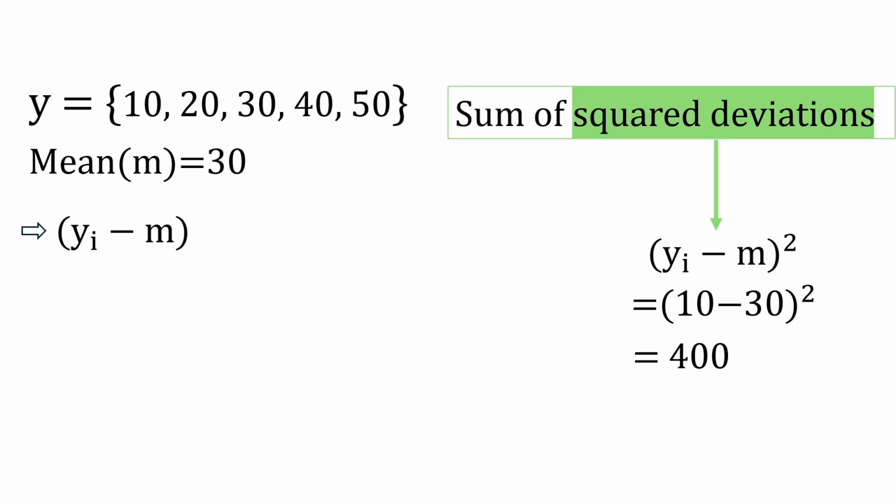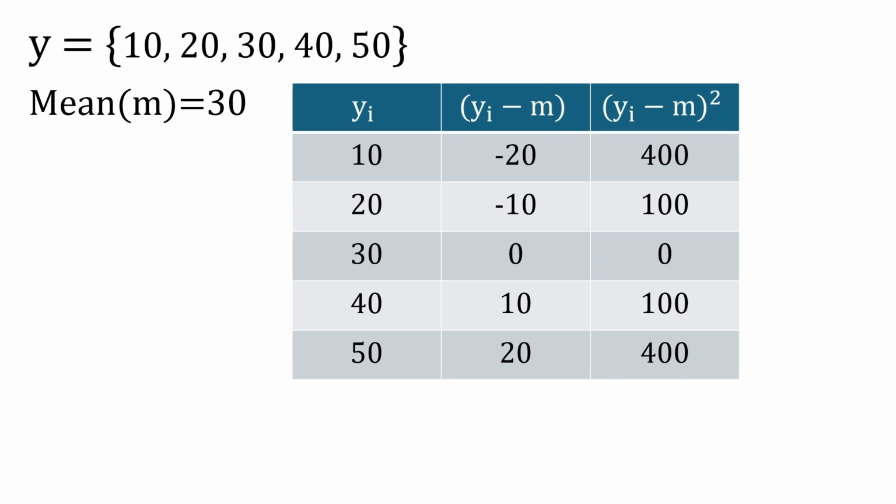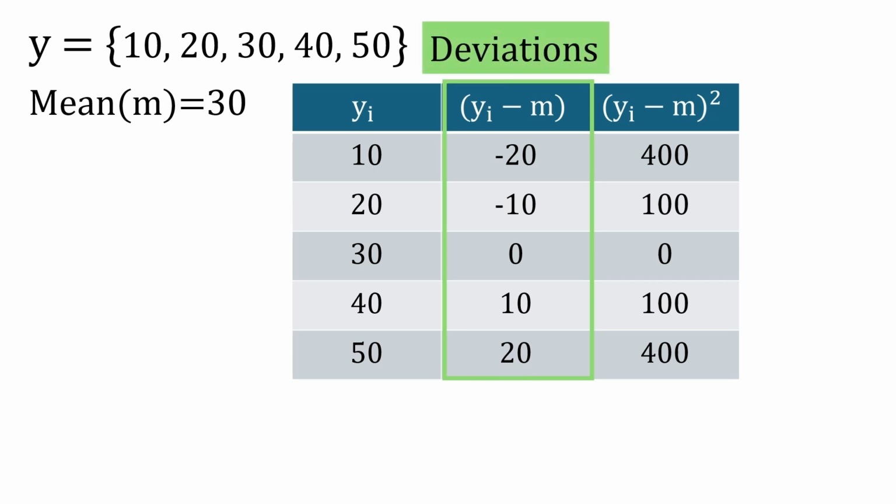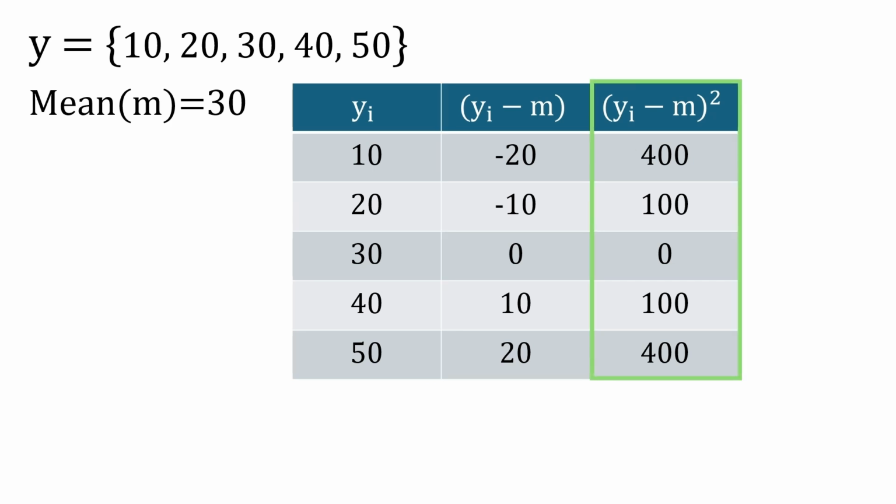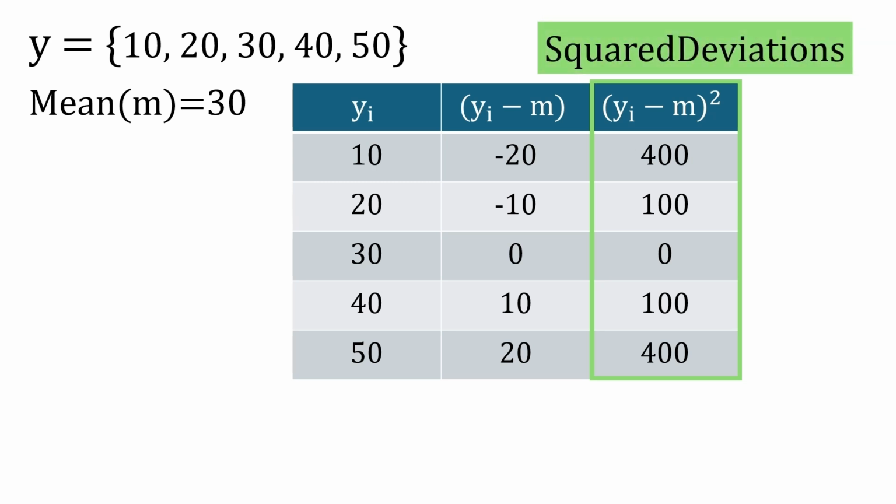Let's find the deviation and the squared deviation of each data point from the mean, and put them in a table. Here the yi column represents the data points, the second column yi minus m represents the deviations, and the third column yi minus m squared represents the squared deviations.